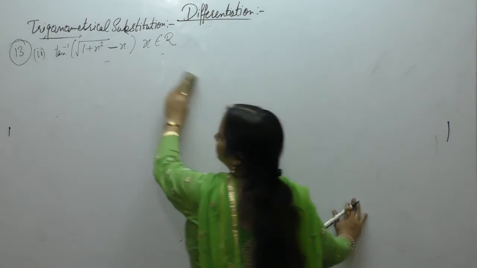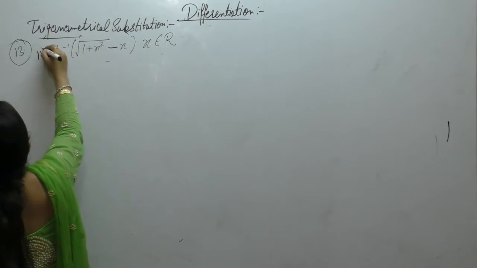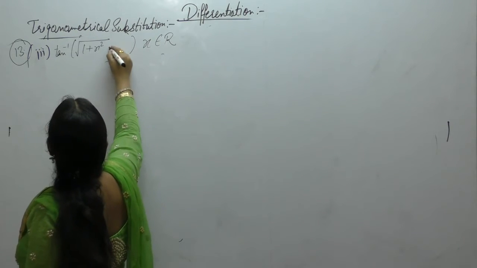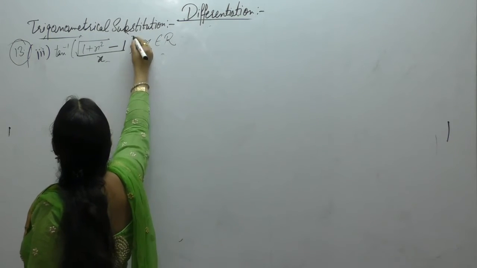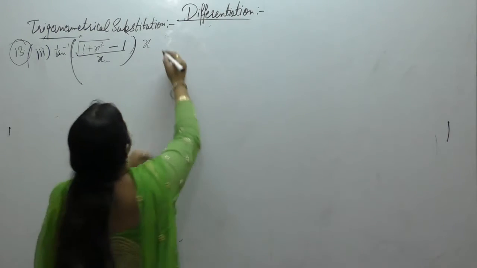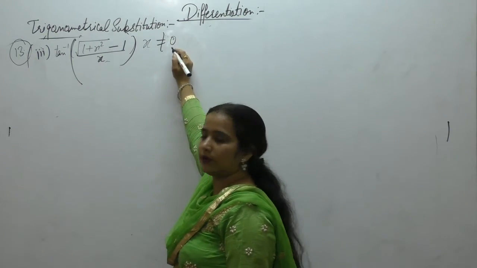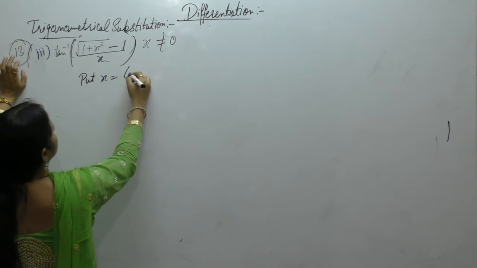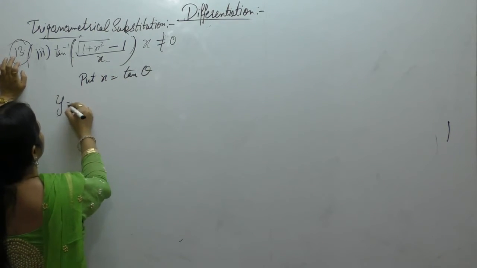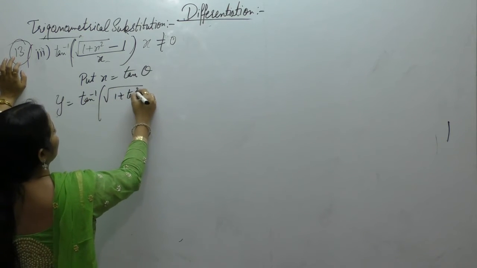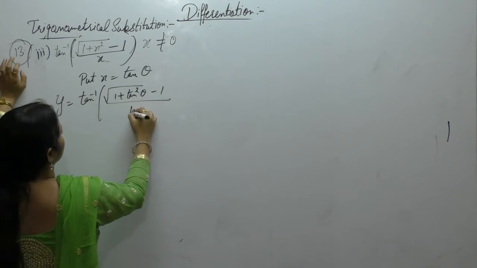Now the next part, the third part, is tan inverse of square root of 1 plus x square minus 1 upon x. So we get y is equal to tan inverse of square root of 1 plus tan square, that is equal to sec square.